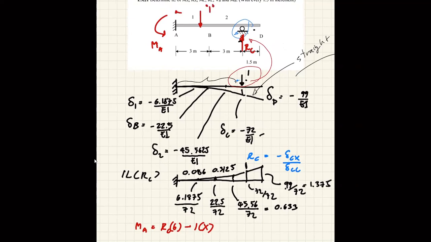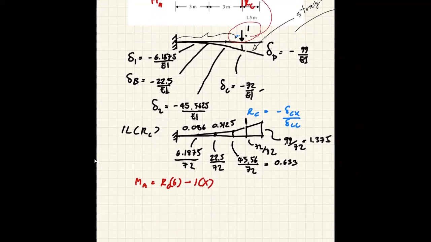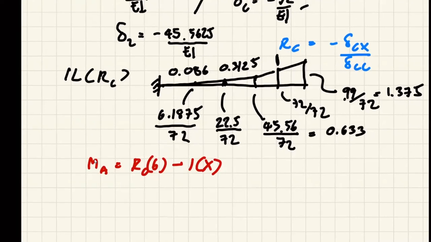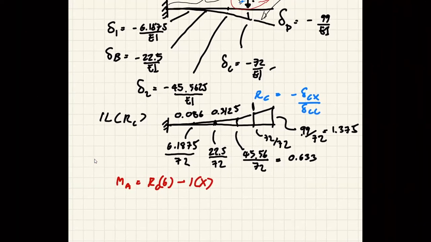And our X begins from here, so that one is multiplied by X. When you take moment at A, you have RC multiplied by 6 minus unit load multiplied by X. And again, because you now know all the values of RC, you should be able to come up with the MA very easily.